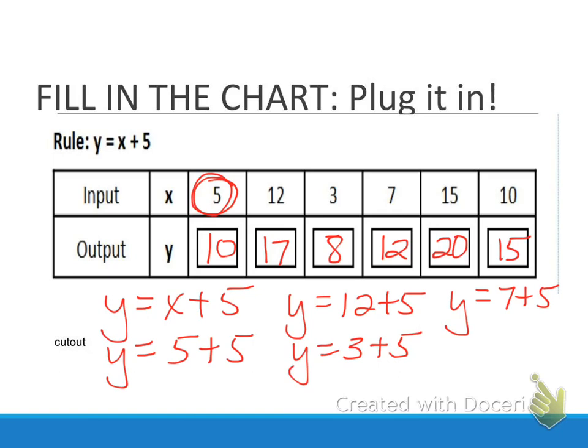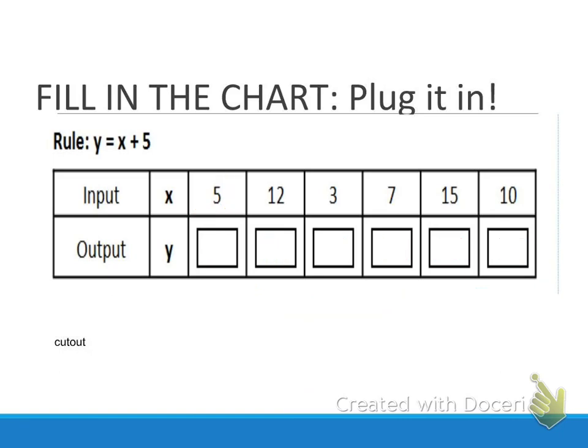Okay. I want to show you just one more thing about this because you're going to see one like this in just a minute. Let's say that instead of saying that, don't write this, just look. Instead of saying that, it said y equals 2x plus 5. All that means is that we put in where the x is the same number.